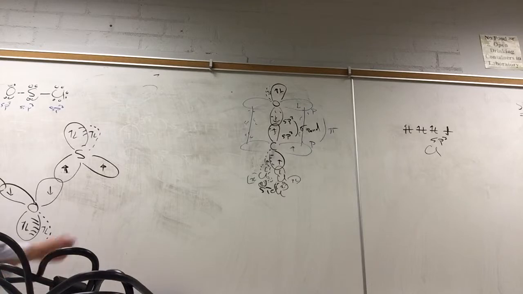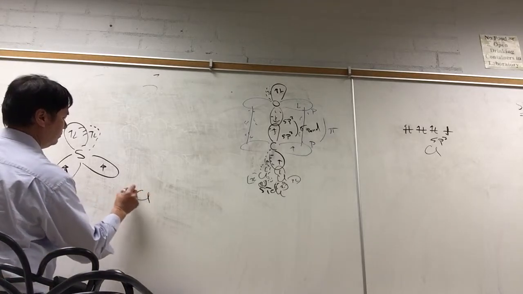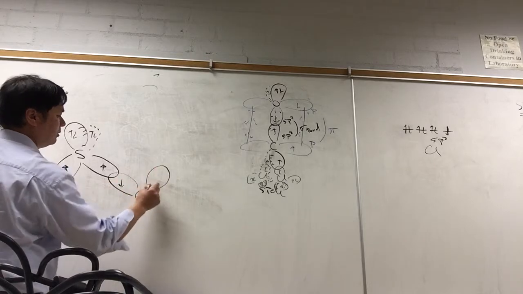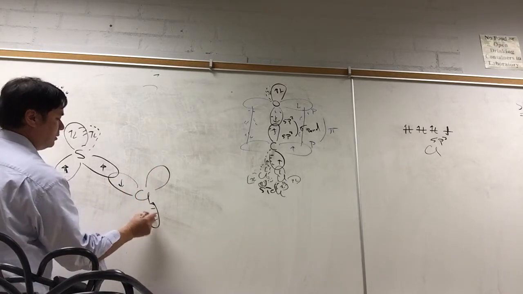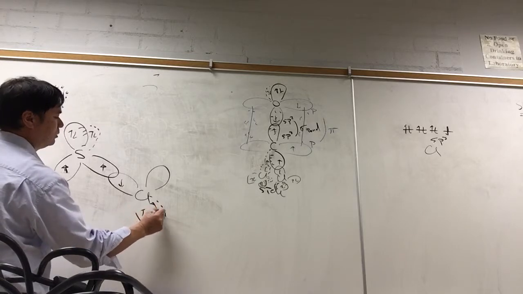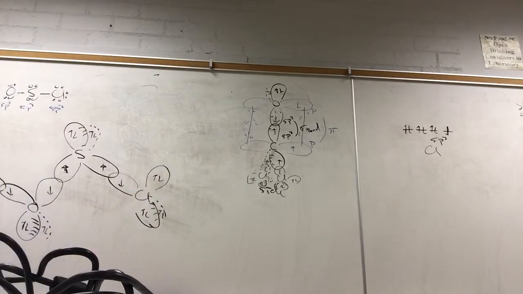And then we have a chlorine here, like this. Should be spin down. 3 lone pairs. And so all we see are sp3 sigma bonds.